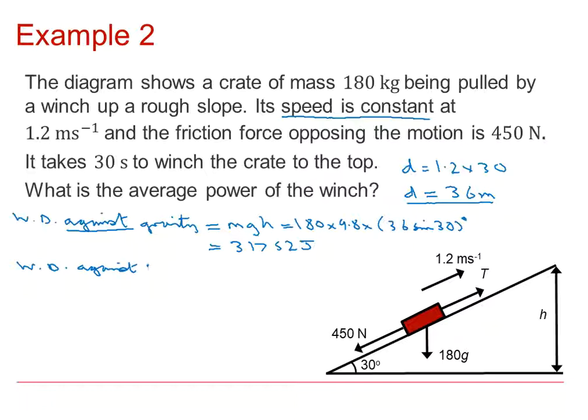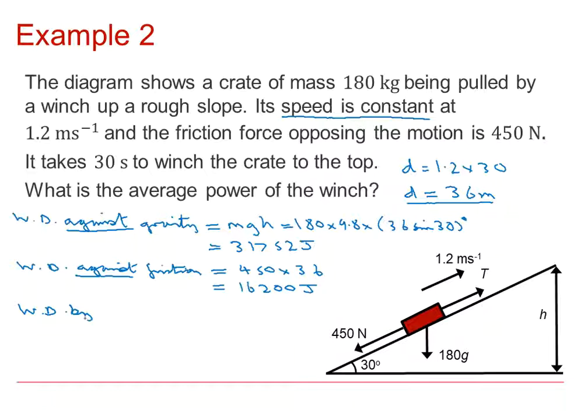We also want the work done against the resistive force. So how much work did the winch have to do against the friction? The work done against the friction was 450 newtons moved a distance of 36 meters. So the work done against friction is 16,200 joules. Now we can talk about the work done by the winch.